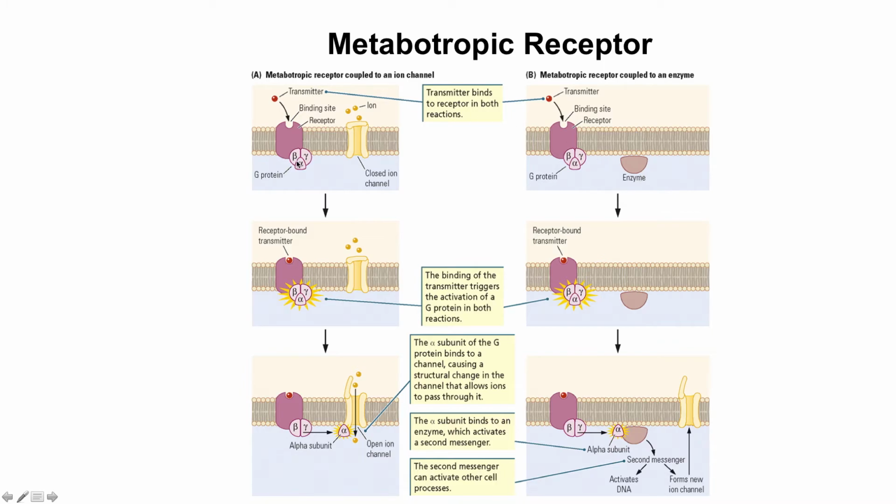So in the first one, whenever the neurotransmitter binds to the metabotropic receptor, then eventually the G protein is activated, the alpha subunit will detach, that will attach to a pore or a channel, and then the channel will open and let atoms or ions in. So this is one way.